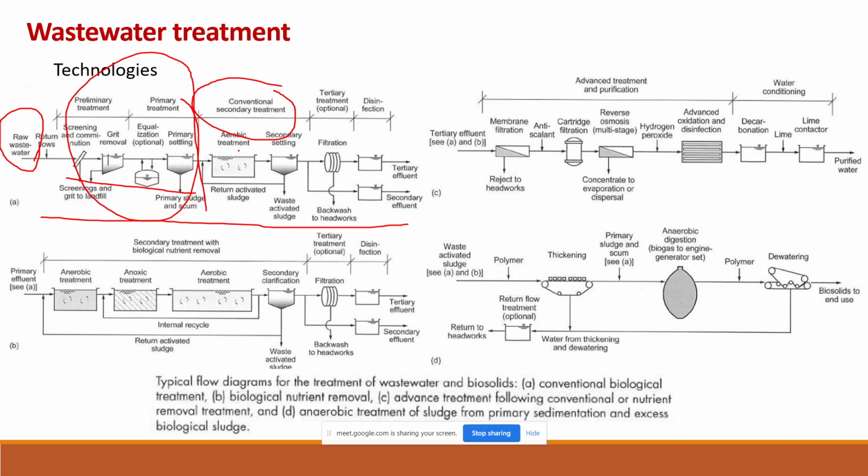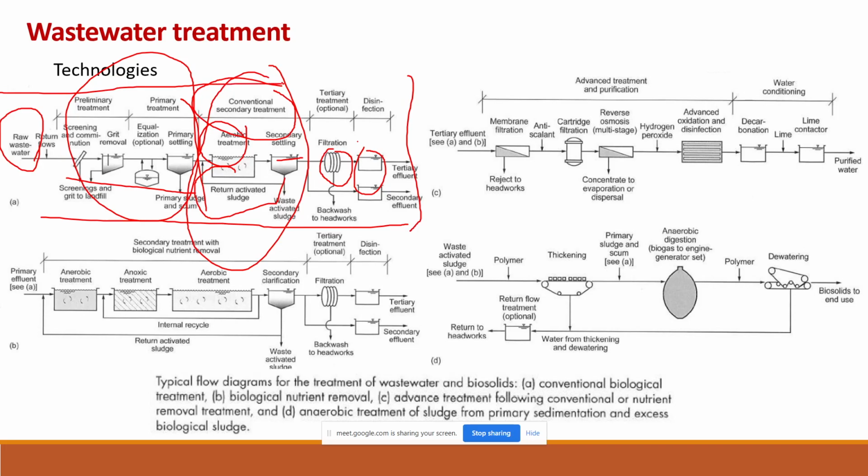Again you see here we have the aerobic treatment and a secondary settler. The activated sludge is returned here. So this is the conventional activated sludge process. After this you have tertiary treatment where filtration is employed, and disinfection. So the wastewater goes through primary treatment, the activated sludge process, filtration and then disinfection.